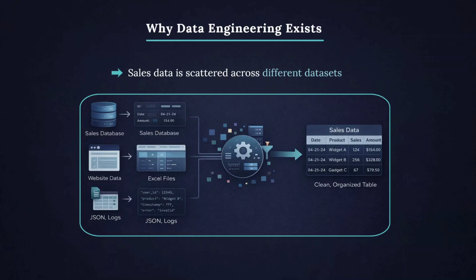And this is where data engineering comes in. A data engineer takes all of the scattered raw data, cleans it, standardizes it, combines it, and finally stores it as clean structured tables so that the analytics and the business teams can actually use it.